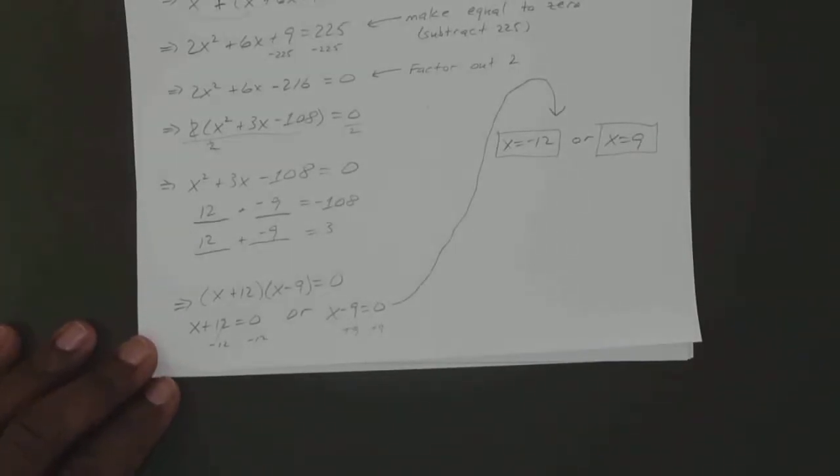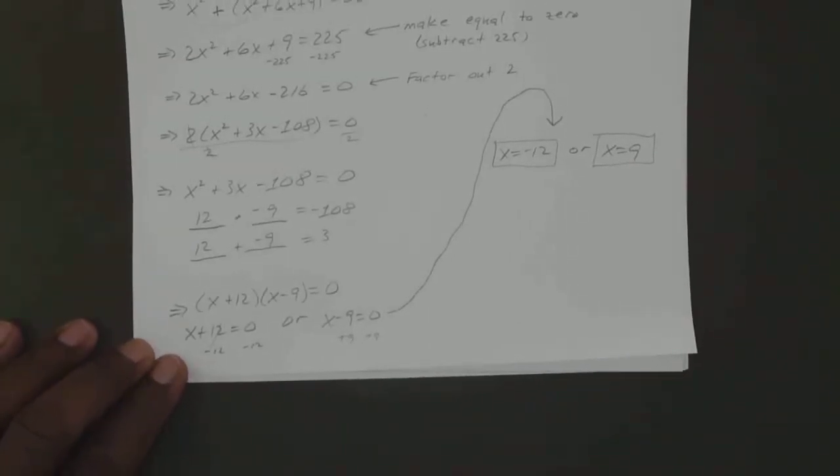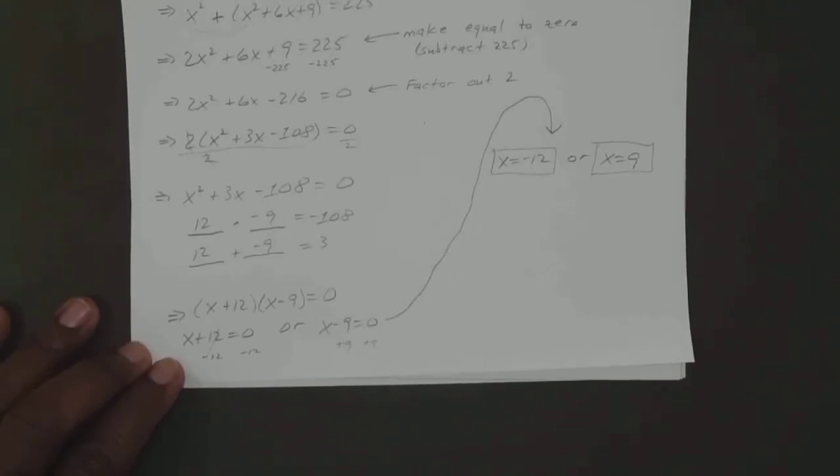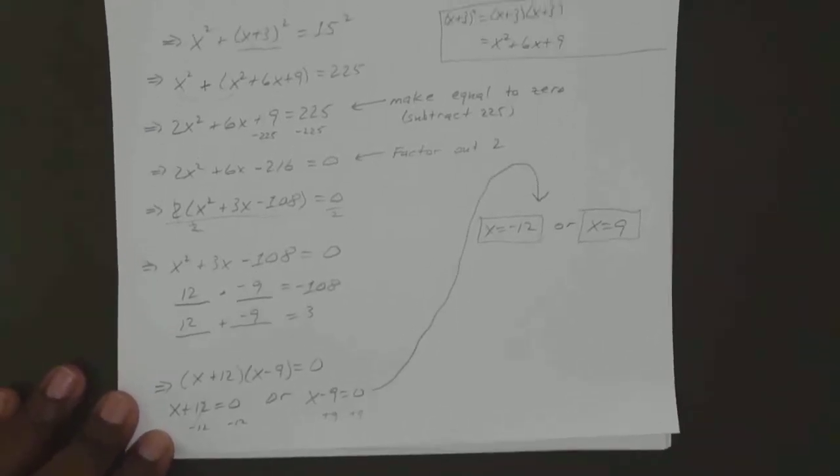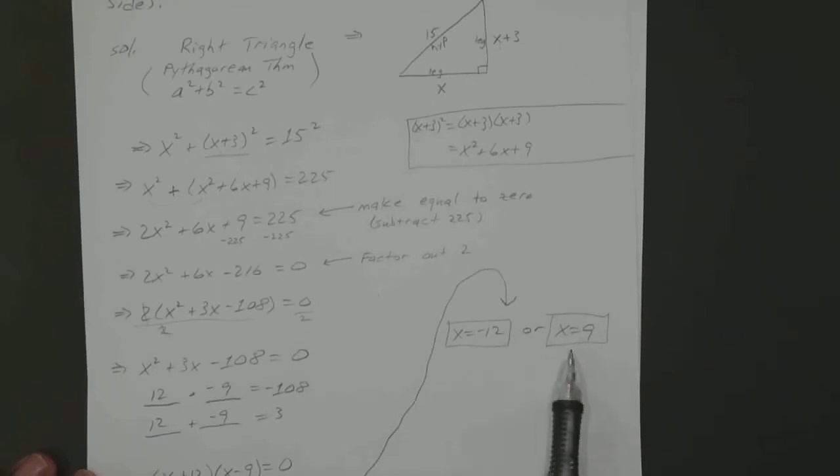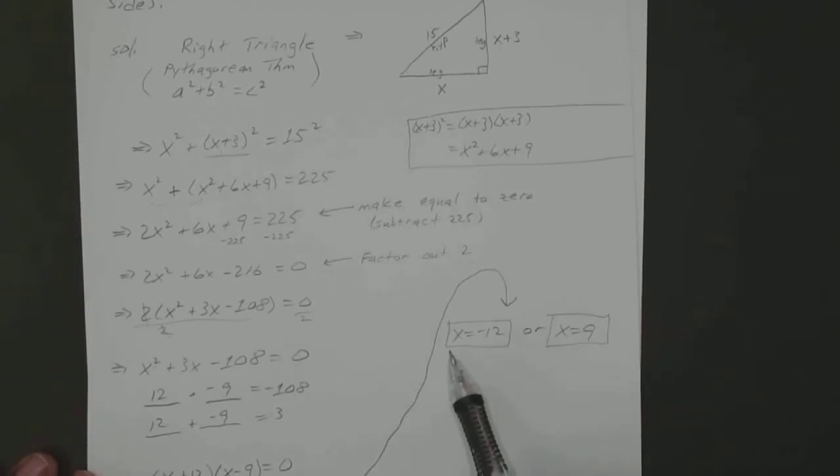Okay. So we're like 95%, well, probably closer to 98% done, because now we know what side x length is. We just have to find the length of x plus 3. Also, you can't have a length that's negative.